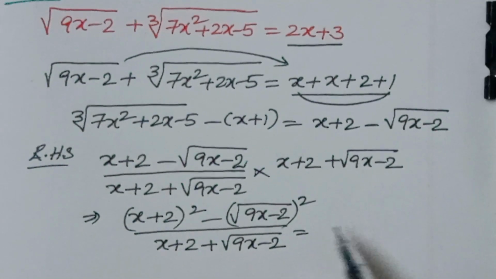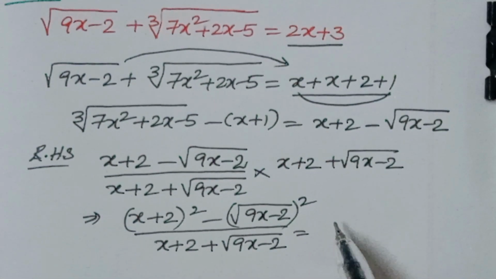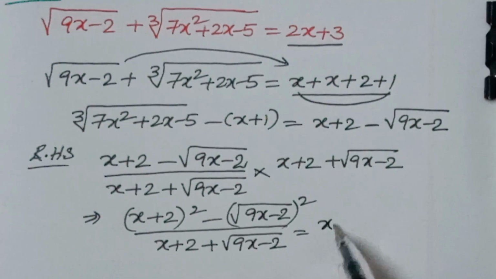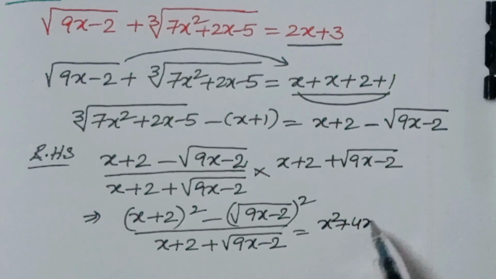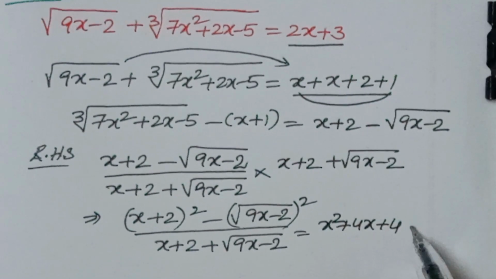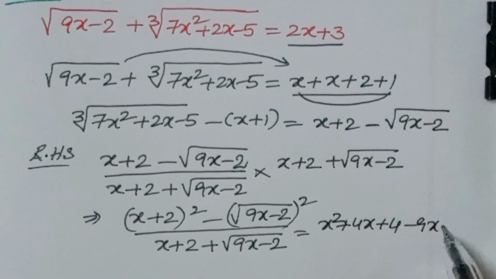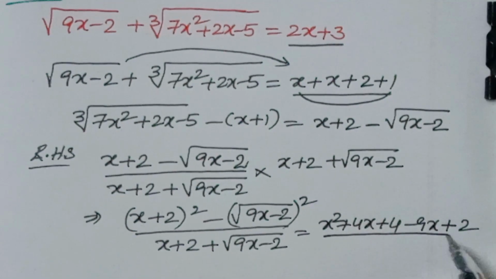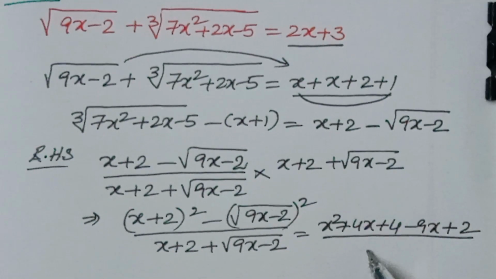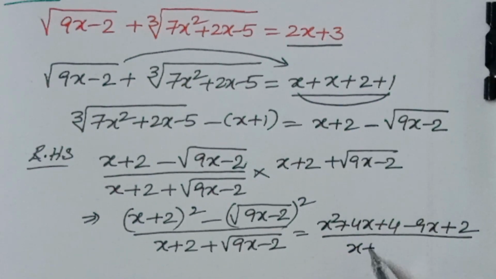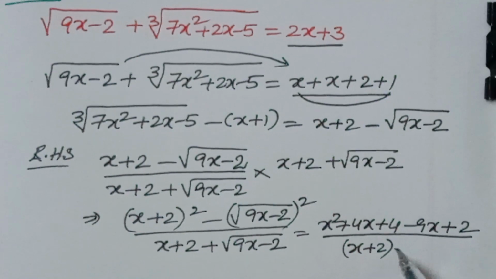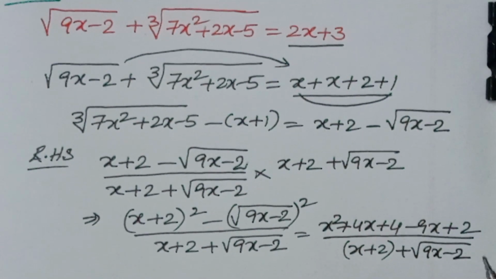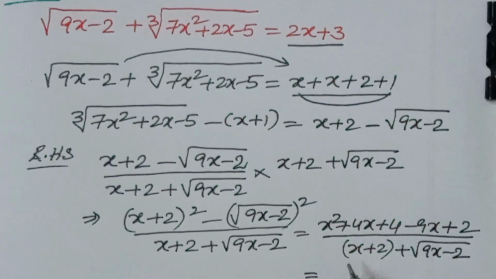So in the numerator we'll get x square plus 4x plus 4 minus 9x plus 2, divided by x plus 2 plus root of 9x minus 2.